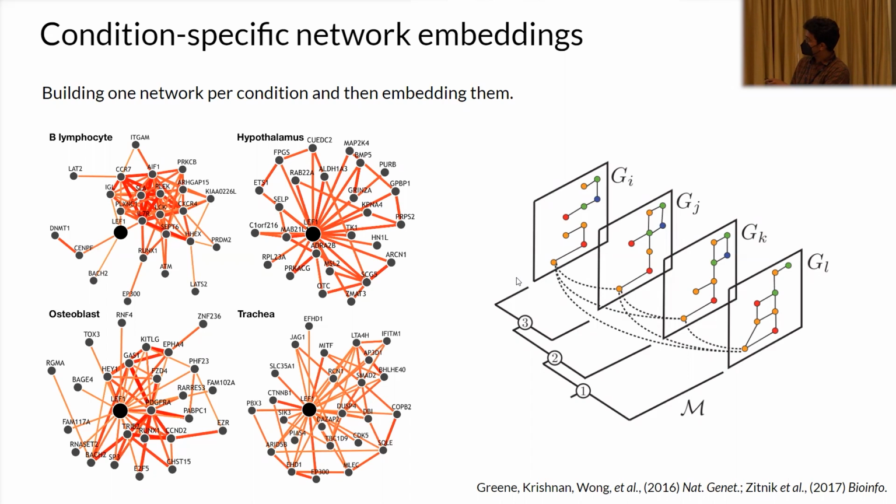Marinka did a really nice work taking these networks and incorporating them into a single model where every layer corresponds to a specific tissue network, and the nodes are individual genes. There are connections between the layers based on how similar these tissues are, based on anatomy and physiology. The goal is to learn embeddings so that you optimize two things.